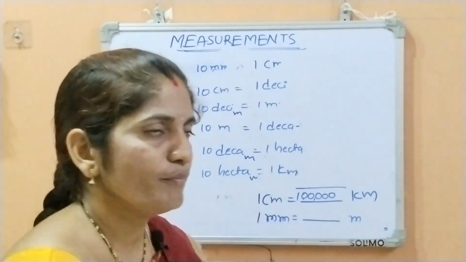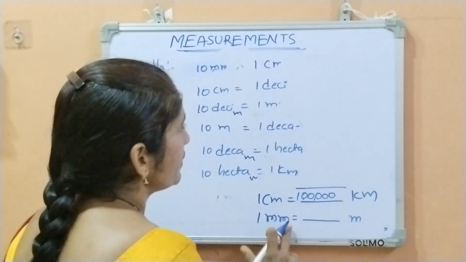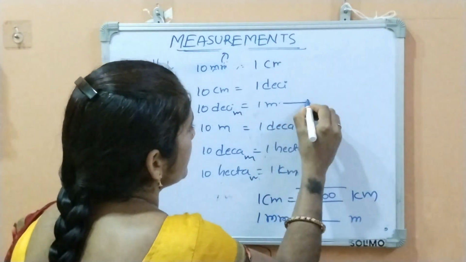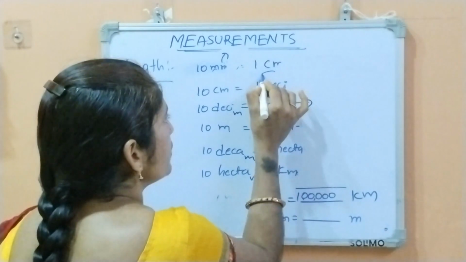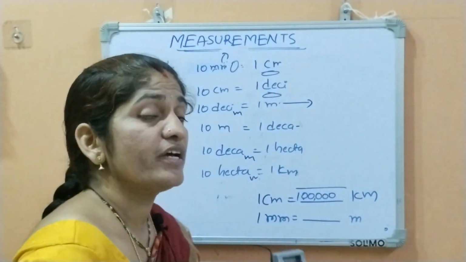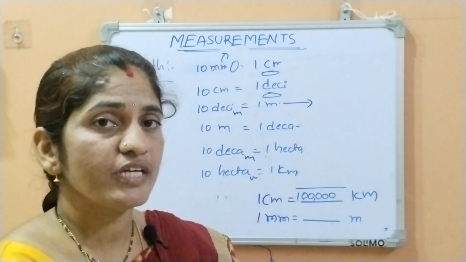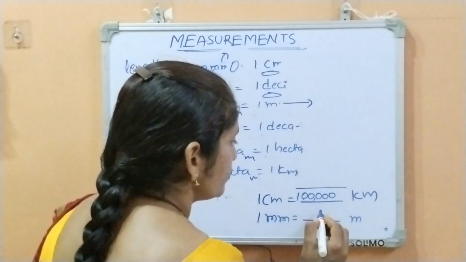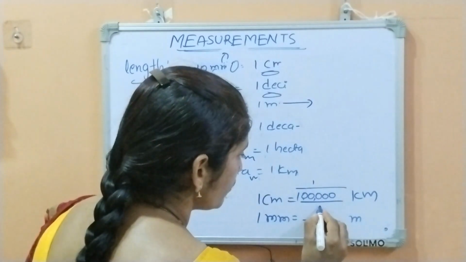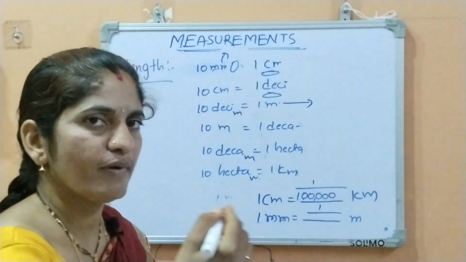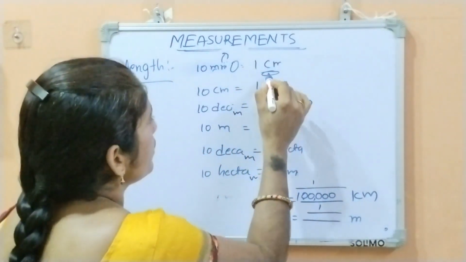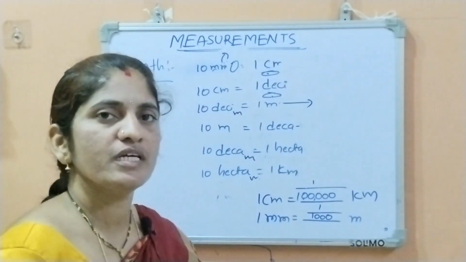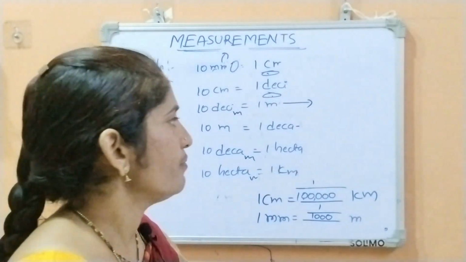So 1 millimeter. Where is millimeter? Here it is millimeter. Where is meter? Here it is meter. How many gaps? 1, 2, 3. When we are converting smaller units to bigger units, we have to write zeros in the denominator. That is 1 by. How many gaps? 1, 2, 3. 3 gaps means 1000. 1 by 1000 meters.